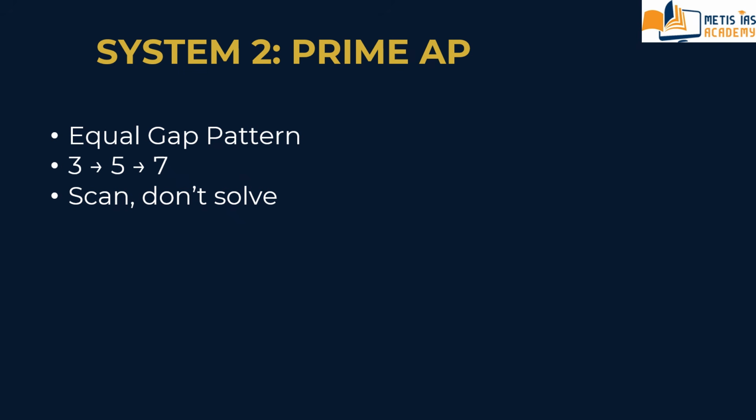This is the pattern of prime numbers. p minus q equal to q minus r means the numbers are in an arithmetic progression. So you are looking for primes in arithmetic progression under 20, that is an equal gap pattern, like 3, 5, 7.